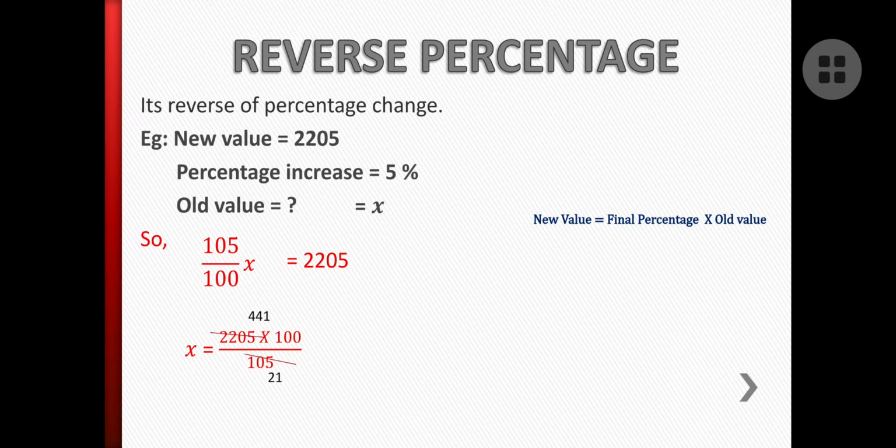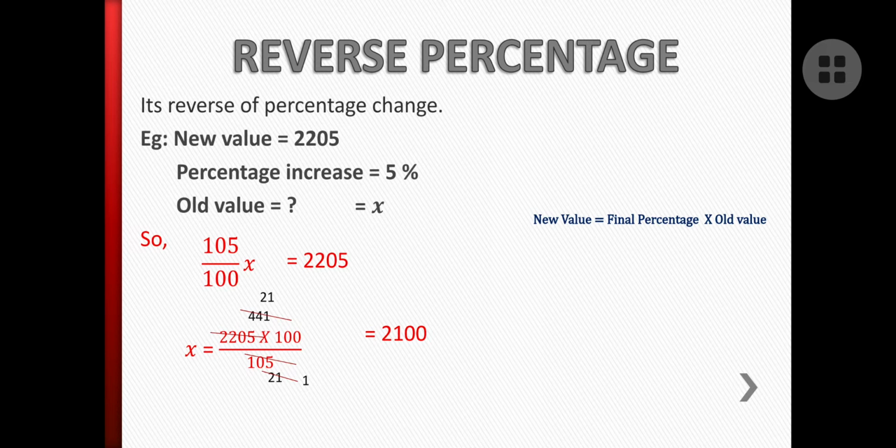When you divide 105 by 5, you get 21, and 2205 divided by 5 gives 441. Next I simplify with 21, because I know that 21 into 21 is 441. So you get 21 in the numerator, and what is left is 21 into 100, which is 2100.